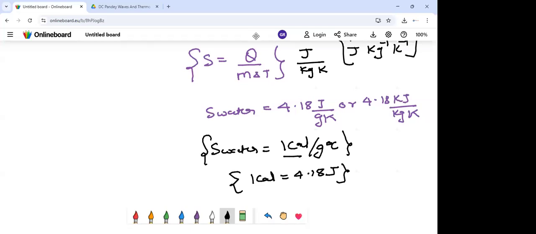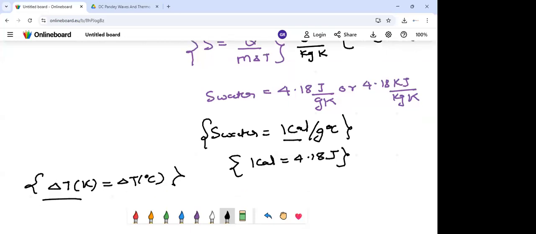Why isn't the value in degree Celsius changing from Kelvin? The magnitude on the scale of Kelvin or degree Celsius, whenever you take delta T in Kelvin and delta T in degree Celsius, is the same. We have discussed this part when we were doing the temperature scale, right? Yes, sir.